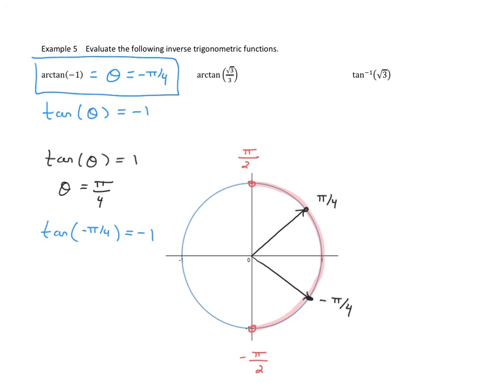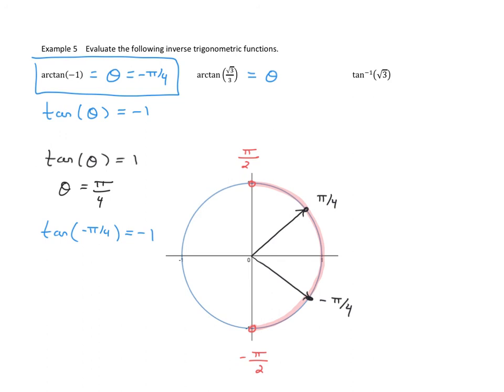Okay, what about arctangent of root 3 over 3? Some angle must be between negative pi over 2 and positive pi over 2. Because it's positive, I know it must be in the first quadrant. Okay, and here I have to use one of my familiar angles. It's either got to be a 30, 45, or 60-degree angle.